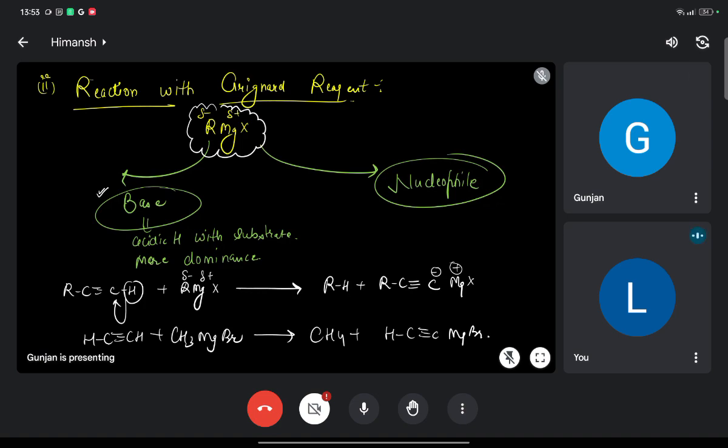Ma'am, it will form CH3 minus and MgBr plus, but it should form CH3 plus and MgBr minus, because CH3 is an electron giving group. Sorry, CH3 plus. Okay, I got your point.